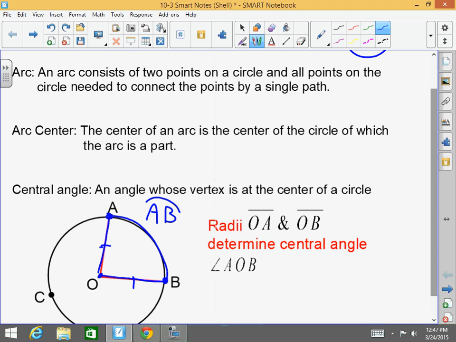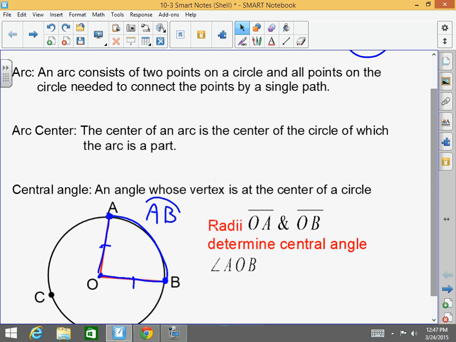So again, an arc consists of 2 points on a circle and all the points on the circle needed to connect the points by a single path. The arc center is the center of the circle of which the arc is a part of. And a central angle is an angle whose vertex is at the center of a circle.